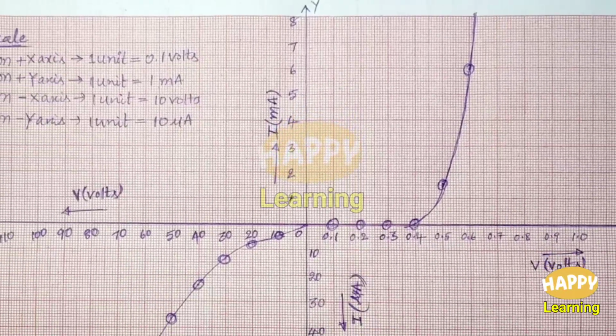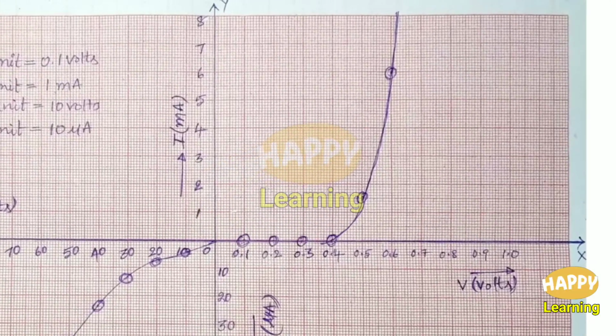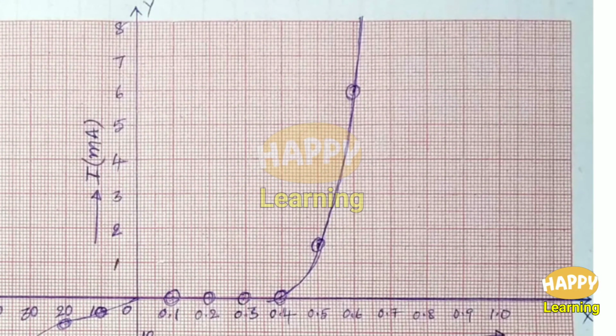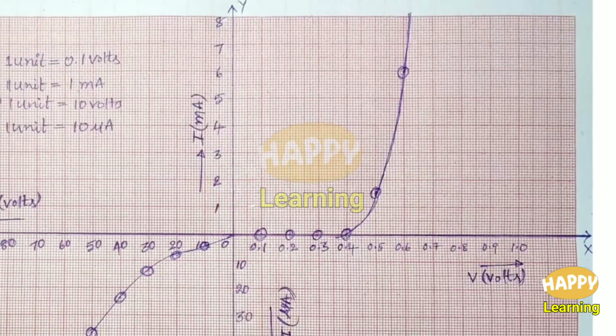Initially it follows the x-axis, then slowly rises, and it appears to be increasing exponentially. So in the first quadrant, the forward bias readings are noted, and this graph is the forward bias characteristics, the graph drawn between voltage and current.